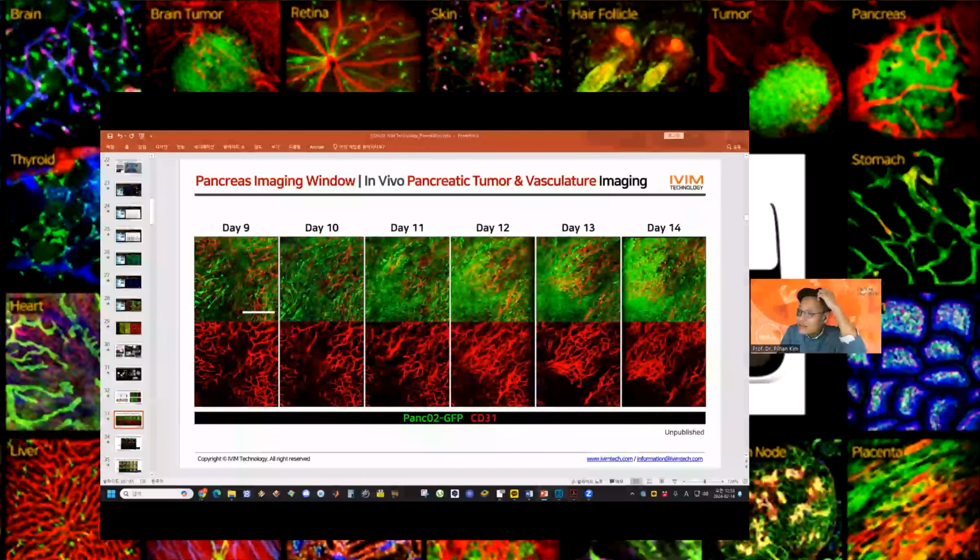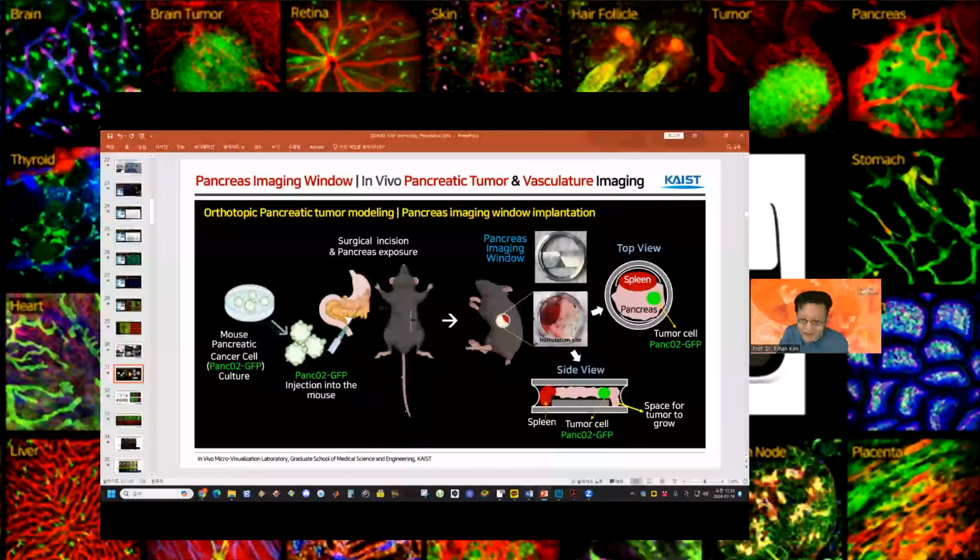And then another question was about the pancreas imaging window. Although I skipped it, our pancreas imaging window looks like this. It has a ring, but it has some base in the middle. If you look at here, this part is the spleen and this part is the pancreas.